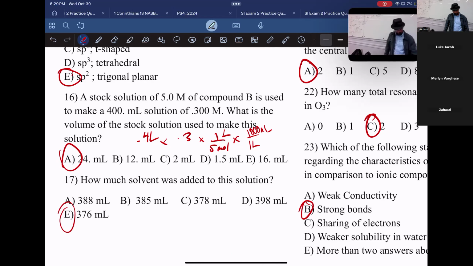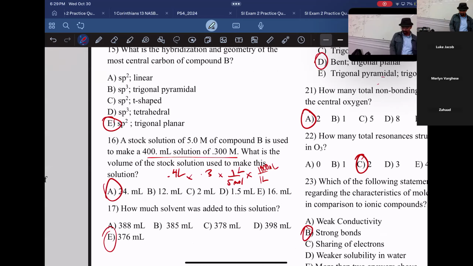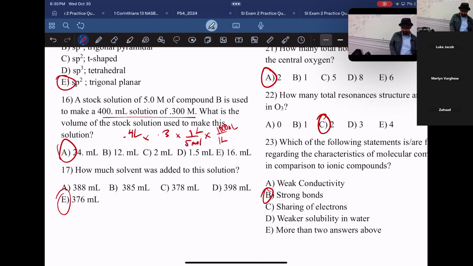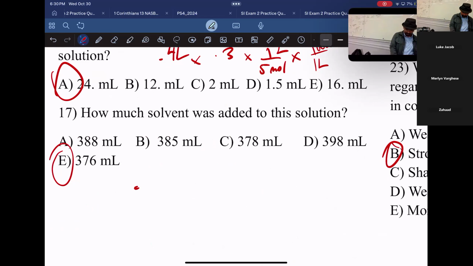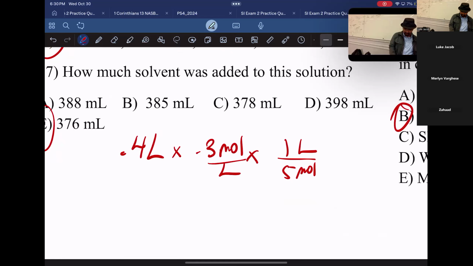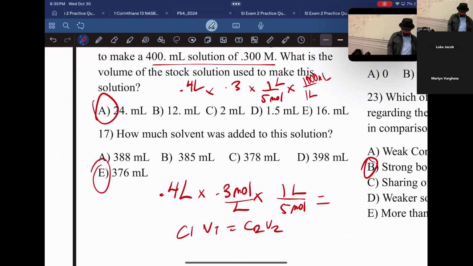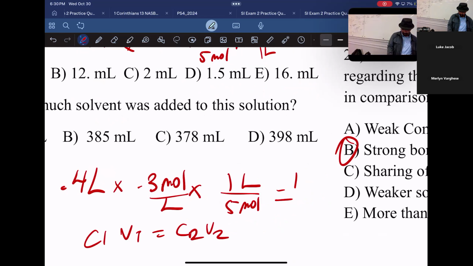So what you want to do is find the number of moles. This is the dilution, but I just like to use dimensional analysis. So 0.4 liters times 0.3 mole per liter times 1 liter over 5 mole, which is essentially M1V1 equals M2V2, and then convert the units to milliliters.